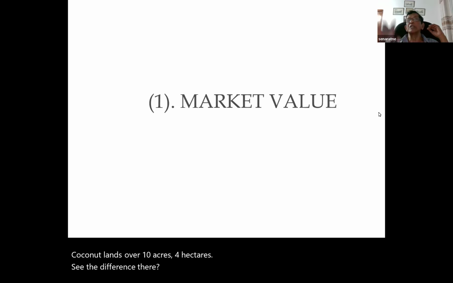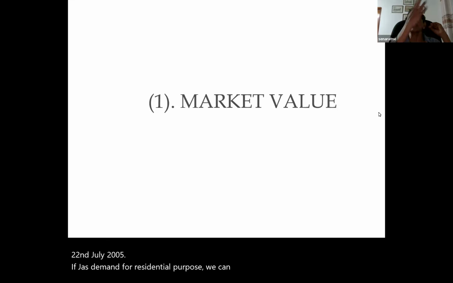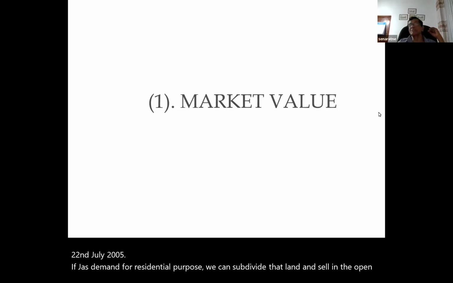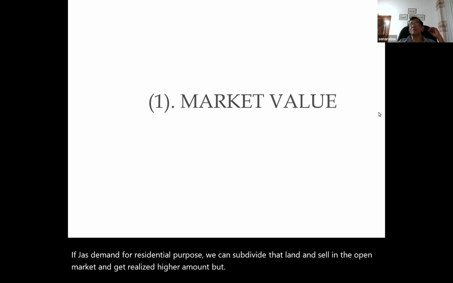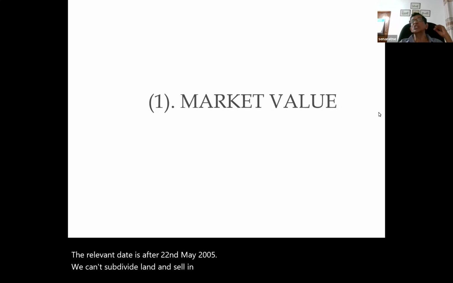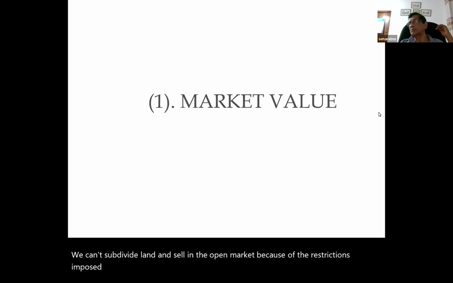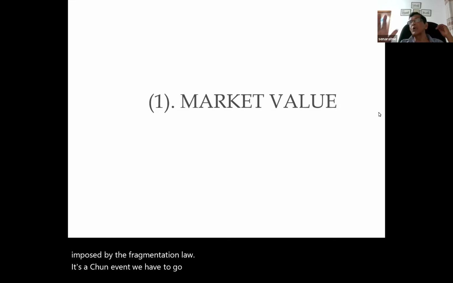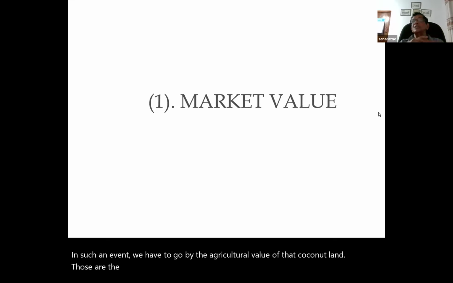If a 15-acre land is acquired before 22nd May 2005, and there's demand for residential purpose, we can subdivide that land and sell in the open market and get a higher amount realized. But if the relevant date is after 22nd May 2005, we can't subdivide and sell in the open market because of the restrictions imposed by the Fragmentation Law. In such an event, we have to go by the agricultural value of that coconut land. Those are the subtle differences you have to keep in mind.